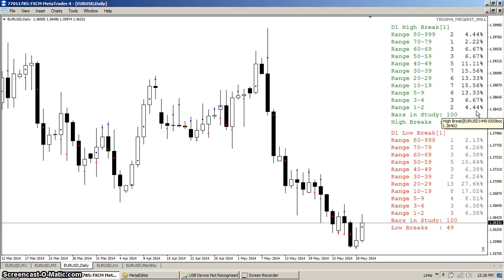So it's obvious that this trade is profitable, because if you had taken each one of these breaks, you would have had 45 plus 49, 94 trades over the last 100 days, and maybe only a couple of them wouldn't have been profitable.